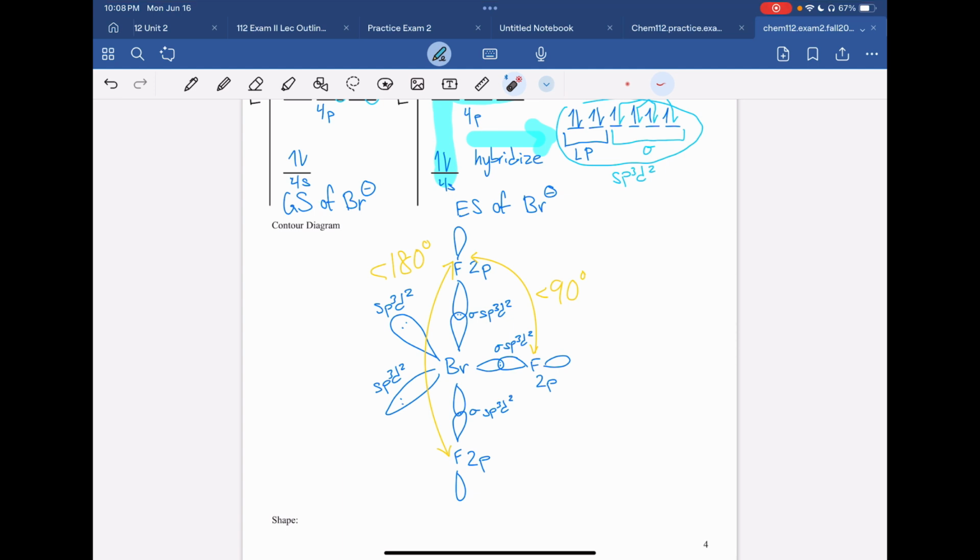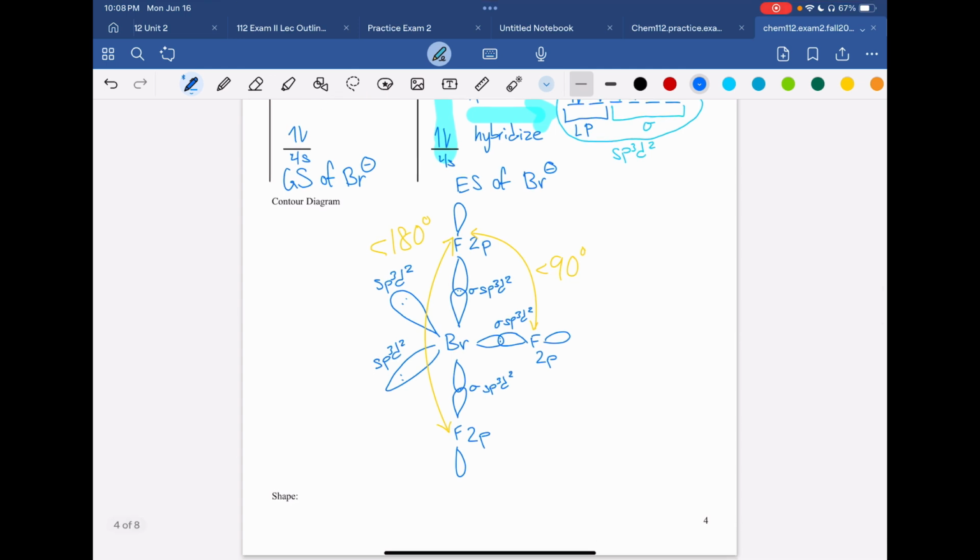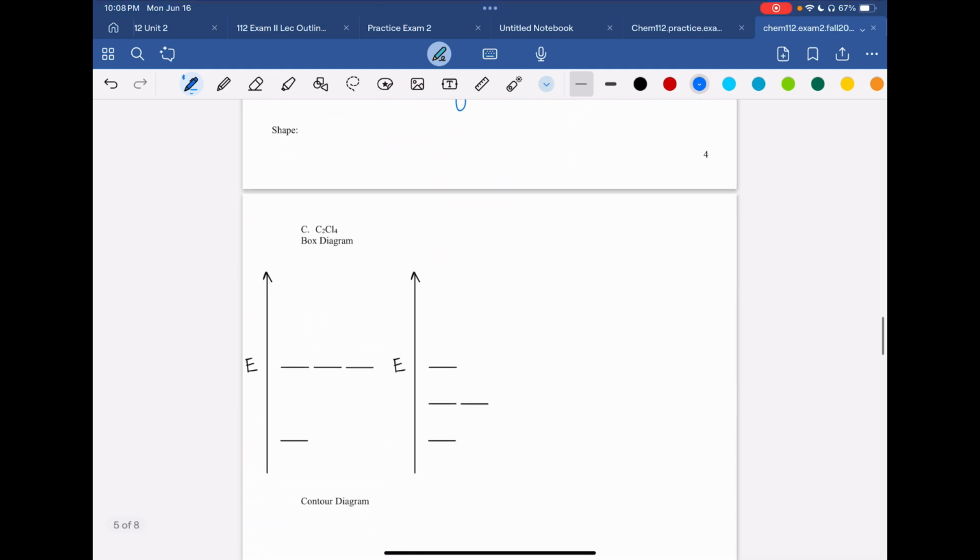You absolutely can, you won't get it wrong if you do bend these fluorines because of lone pair repulsion. But typically we don't like to do that because the contour diagram is its own separate thing and you don't want to have it too messy. Okay, so we don't typically bend them. That's it, that's for that one.